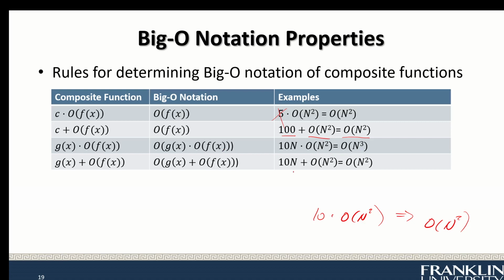If I have, say, 10n plus O(n squared), this is the most dominant. This is the worst case. So your runtime is O(n squared). What you see here is you want to look at the trend, and the trend is the worst case scenario of the algorithm runtime.